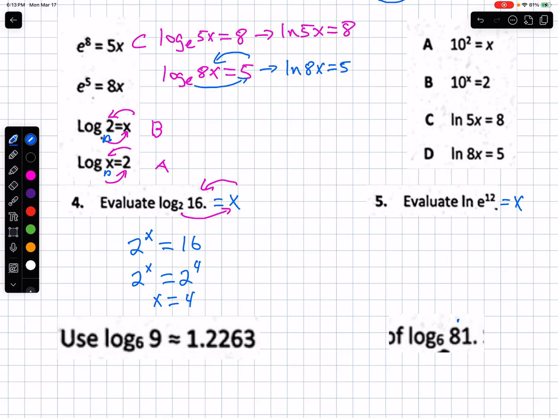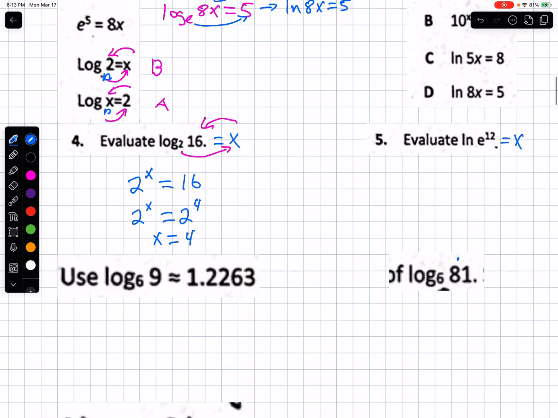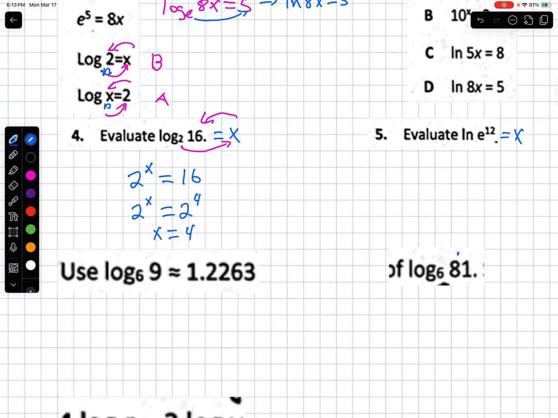Do you get why this one equals 12? Not totally. He explained it to me, but I don't know. So if I write ln e, that means the same thing as log base e of e.